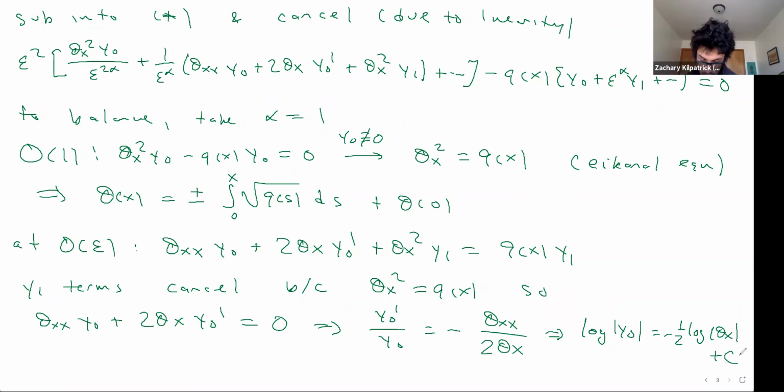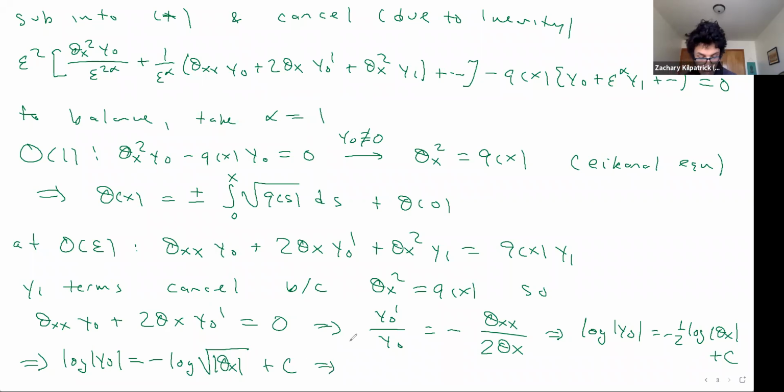And this implies that log of y0 is equal to minus log of the square root of the absolute value of theta sub x plus c.